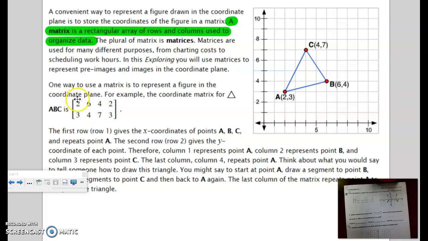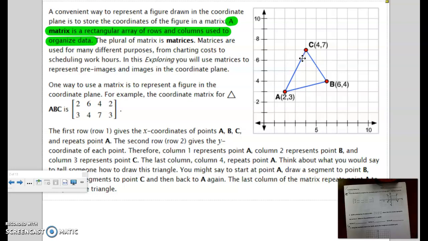So that means this first column is point A, the second column is point B, and the third column is point C. As you can see, this fourth column is a repeat of point A. And the reason for that is you can think about a matrix telling you how to draw the triangle. You would start with point A, connect it to point B, and then connect to point C. But if I stopped there, I wouldn't have a triangle.